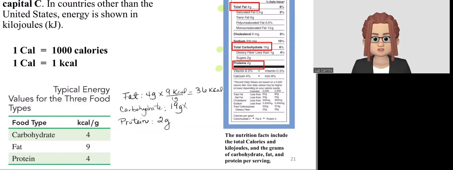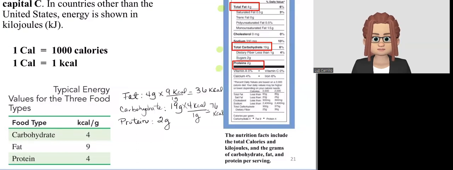Let's move to the carbohydrates. When it comes to the carbohydrates, let's understand that each carbohydrate is going to produce 4 kilocalories per gram of energy. So we are going to do 4 kilocalories per gram of the substance. So when we take 19 times 4, we see that there's 76 kilocalories that are actually produced by the carbohydrate.